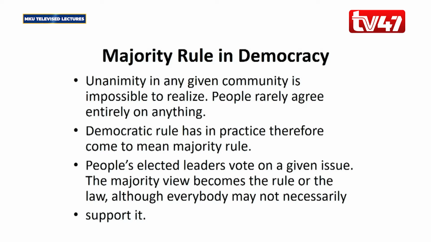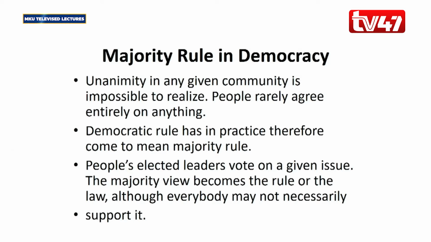And majority rule is equated to democracy, such that if the majority of the people, which constitutes more than half of that sample, are voting for or against a particular law, for instance, or a particular issue that is being debated, then that is seen to be democracy.